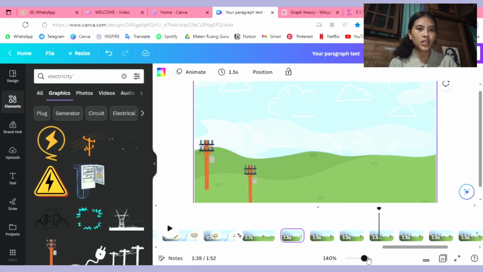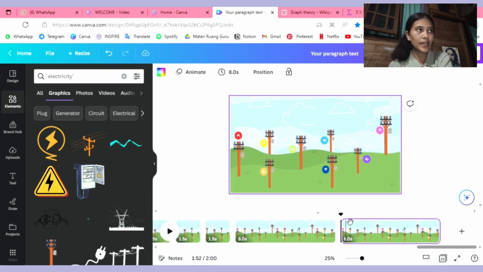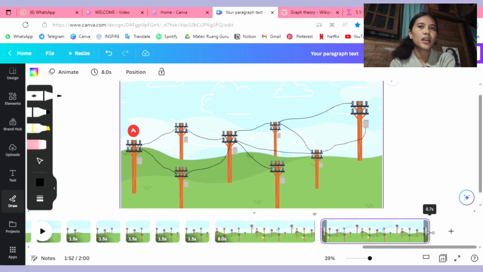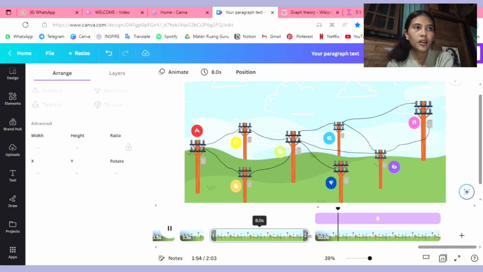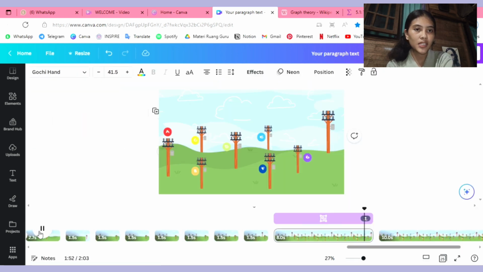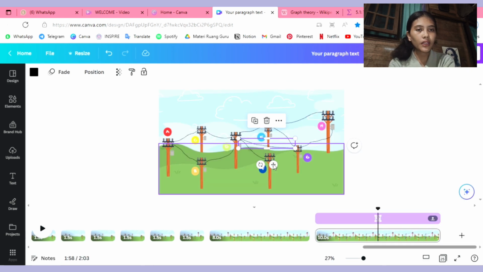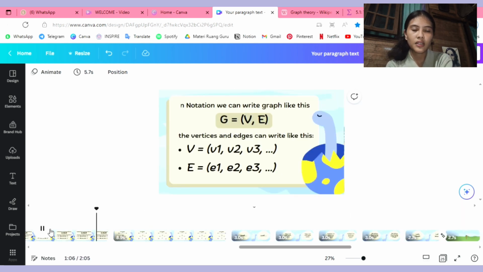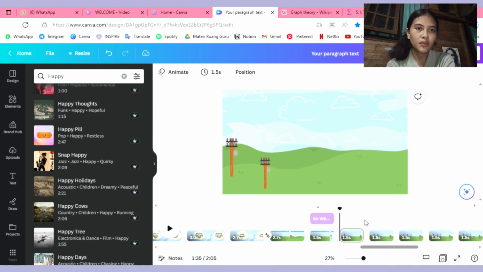I decided to use 8 electricity poles because it's much easier to recognize. And then after that, I copied the elements one by one, I added the animation one by one, and I also added text for the names of the elements, for the edges and vertex sizes. Yes, and then I continued the modeling into the graph. After all the animation adding, I continued to the graph making one by one.